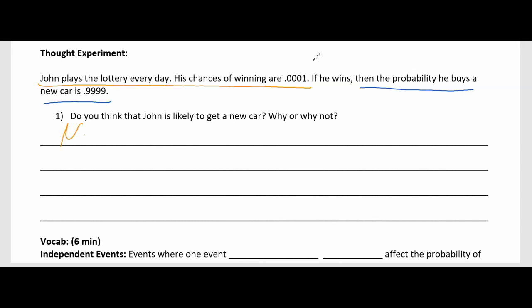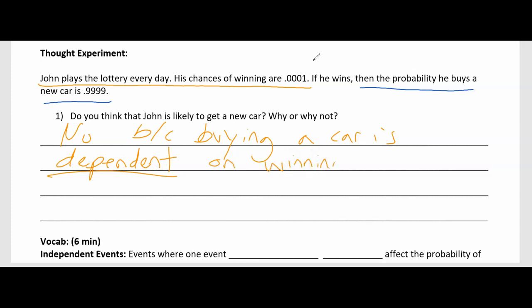So we would say no, because buying a car is dependent on winning the lottery, which is unlikely.